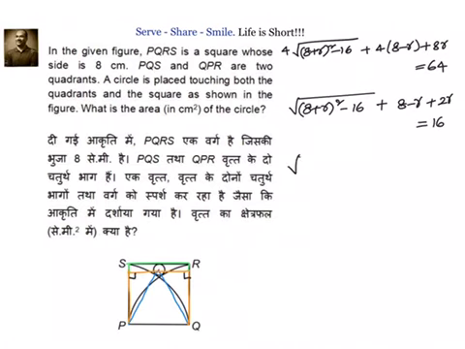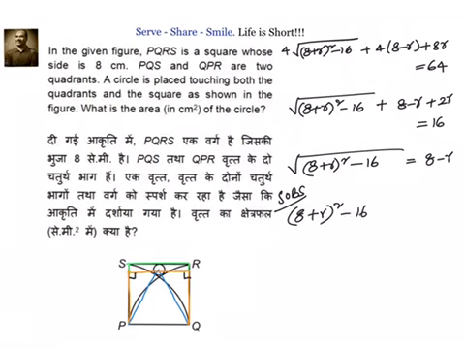Let's simplify that. We will have the square root of (8 plus r) whole square minus 16 equal to 16 minus 8, that is 8 minus r. Let us square it on both sides, we call it SOBS. When we square both sides, we have (8 plus r) whole square minus 16 equal to (8 minus r) whole square.